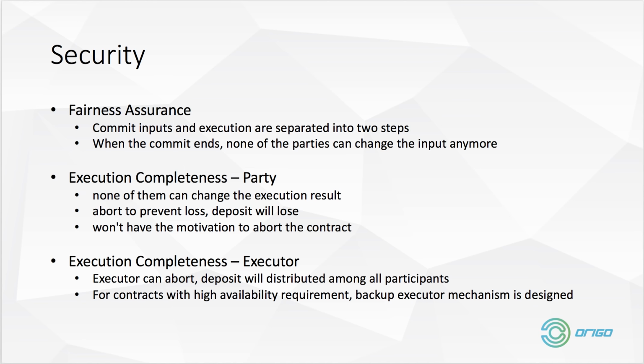For contracts with a high availability requirement, let's say the developer wants the contract to have really high availability, he can set up multiple executors to run the job. So the backup executor mechanism is designed: he can specify multiple executors and let them do the same job, to guarantee that even if one of the executors aborts, the job can still be done.